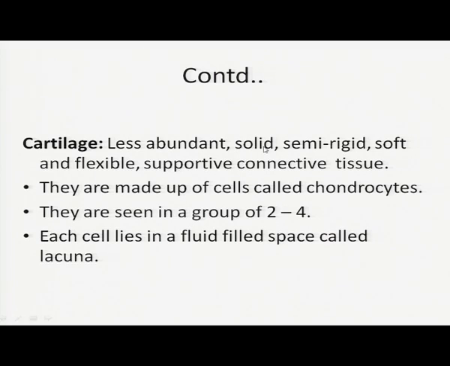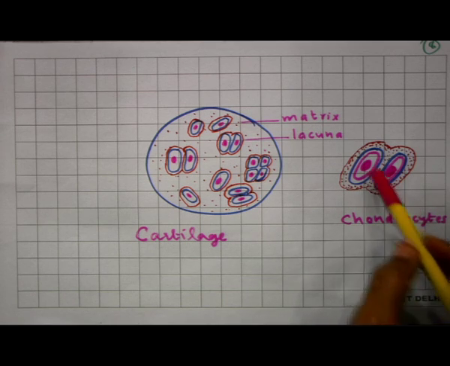It is solid in nature, but it is semi-rigid. It is a soft one and it is flexible. And they are made up of cells, and these cells we call chondrocytes. See here the diagram, you can see the chondrocytes. Two chondrocytes are seen here.